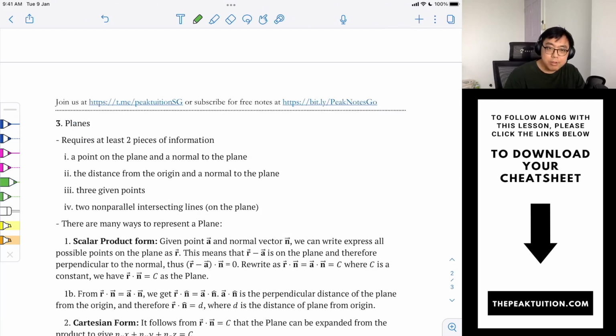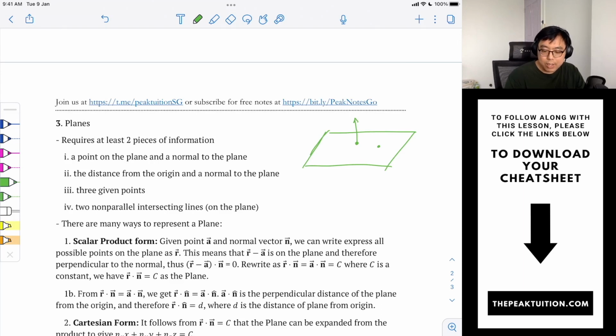Next, we have the planes. So for planes, we require at least two pieces of information. To define a plane, we need a point on the plane and the normal to the plane. So a normal to a plane is like this, and we need to know a point on the plane. Any point will do.